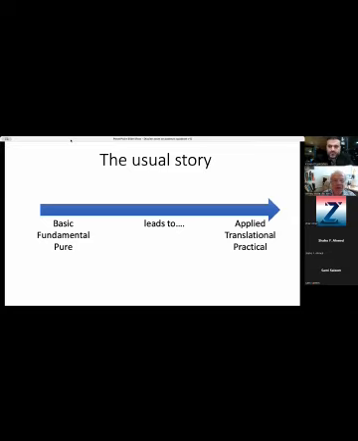So you often get a story about research that looks like this, more or less, that somebody is doing basic, fundamental, pure research somewhere, and that eventually that leads to some sort of applied research.